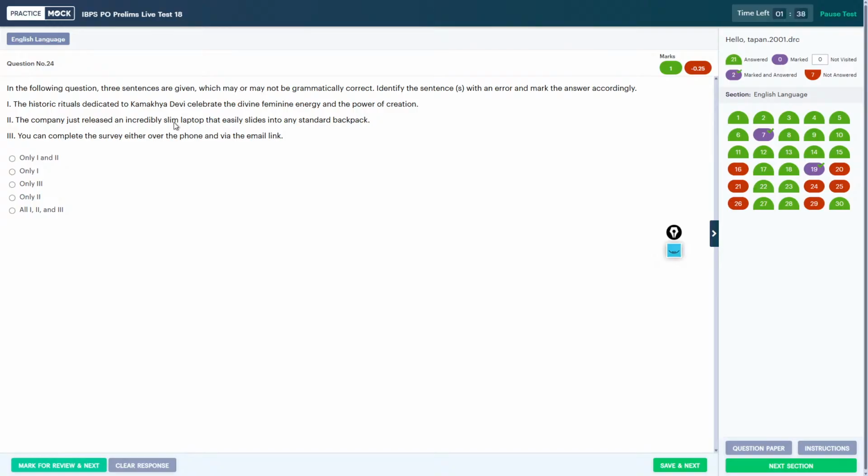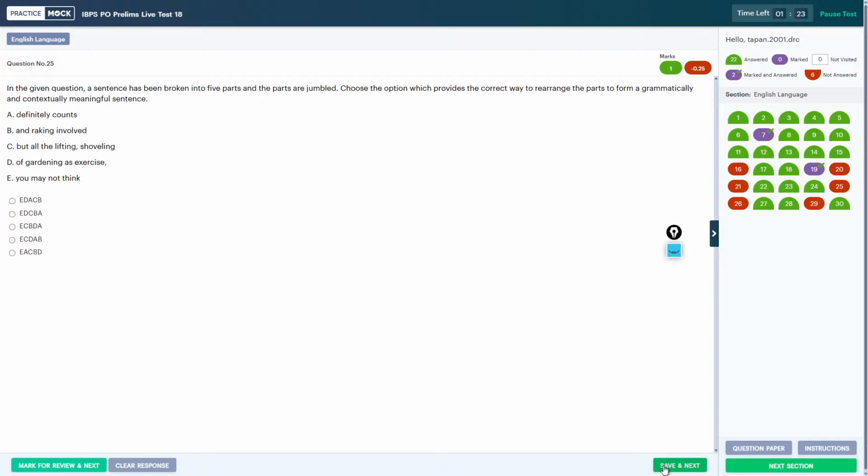Okay, here also an error. The company just released an incredibly slim laptop that easily slides into any standard backpack. You can complete the survey either... So only three is an erroneous thing.